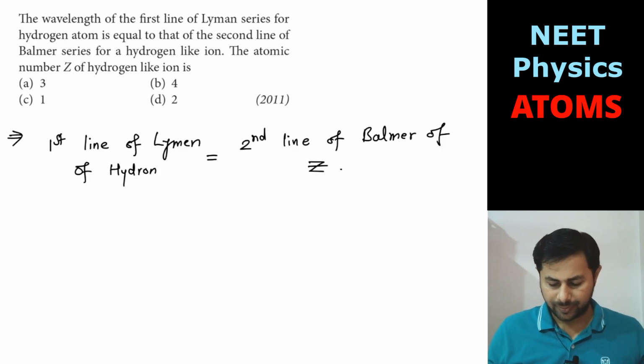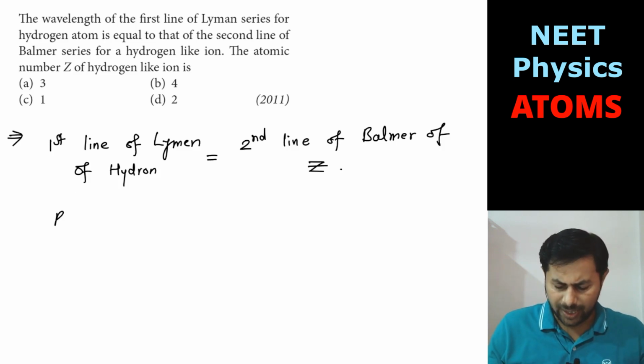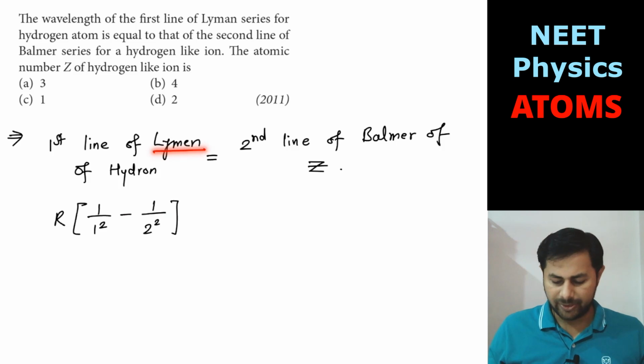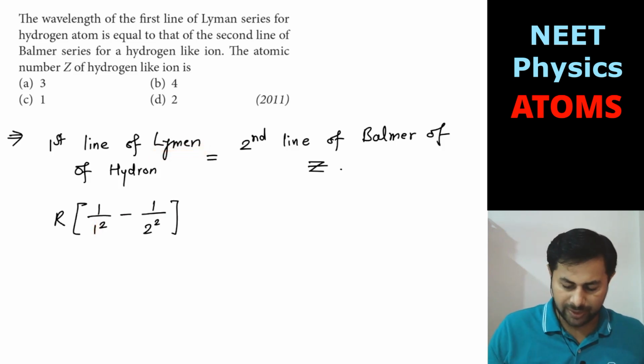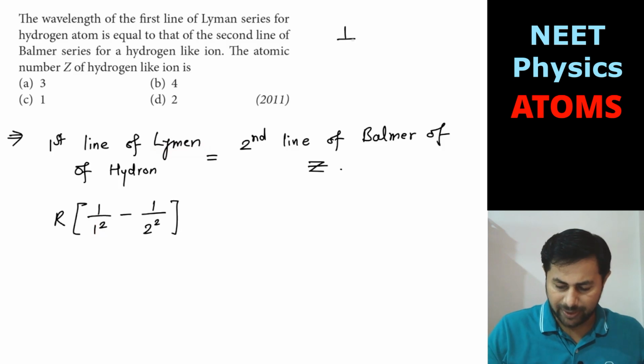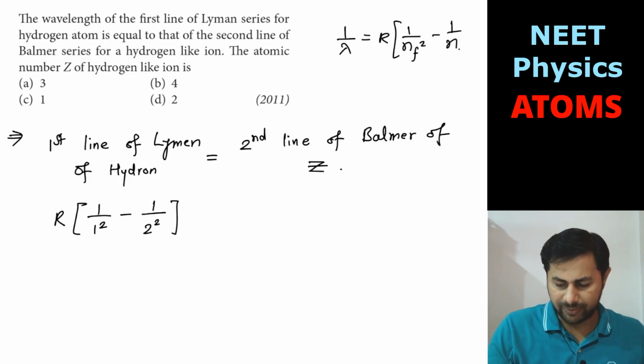So what is the first line of Lyman series? It is R multiplied by 1 by 1 square minus 1 by 2 square, right? This is Lyman series, that means the final orbit is the first orbit only. Our formula is 1 by lambda is equal to R multiplied by 1 by nf square minus 1 by ni square.